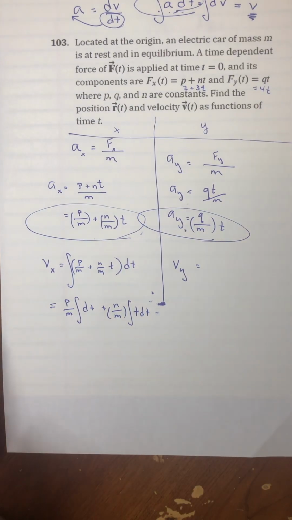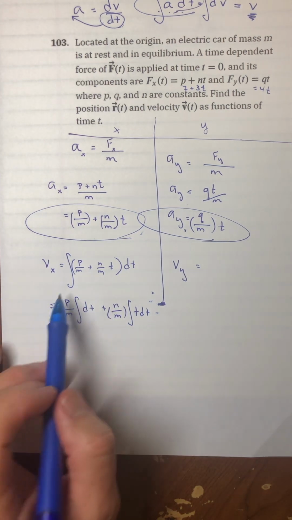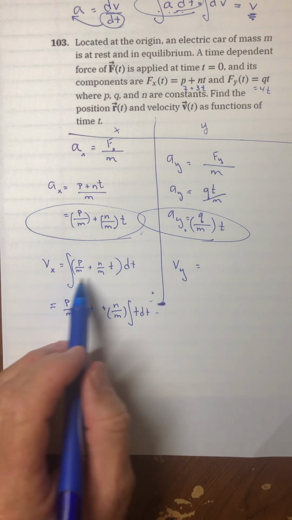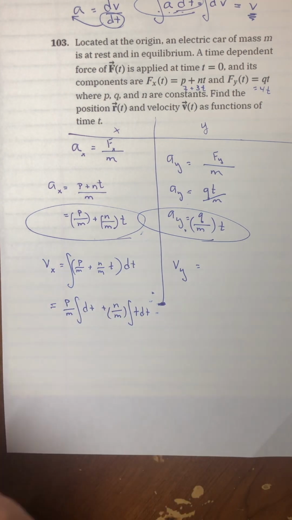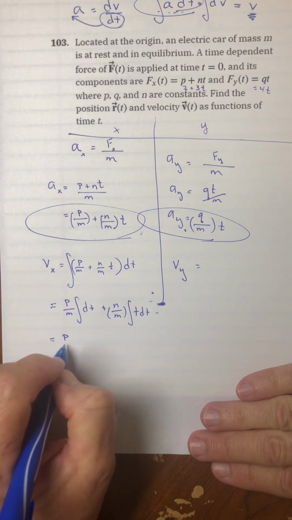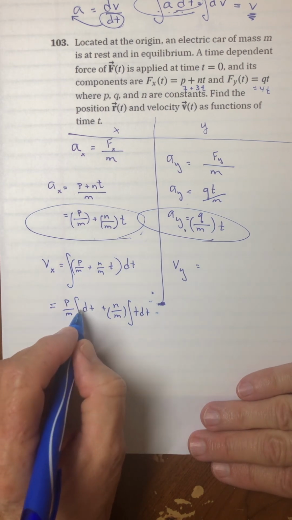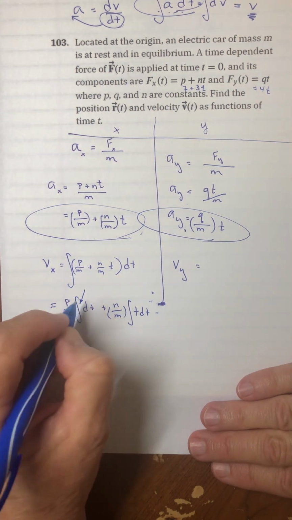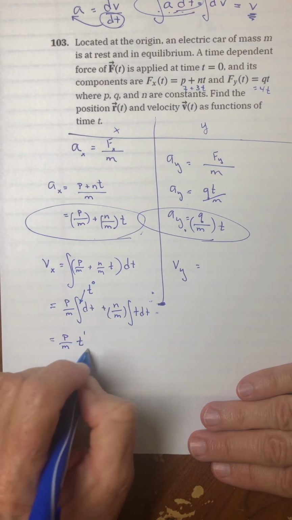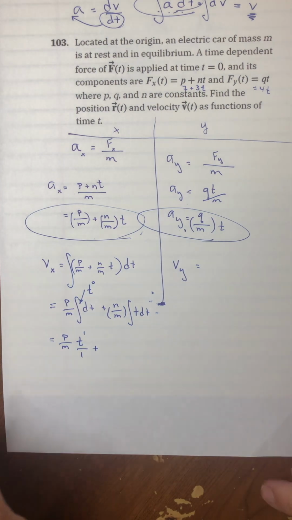That's what I meant in the calculus review by a linear operator. You can pull constants in front of the integral, and you can also break it into two separate pieces. So I'm going to do the easiest integral, an integral of dt, and if you remember, you can think of this as t to the 0 power, so you add 1 and divide by the new exponent.